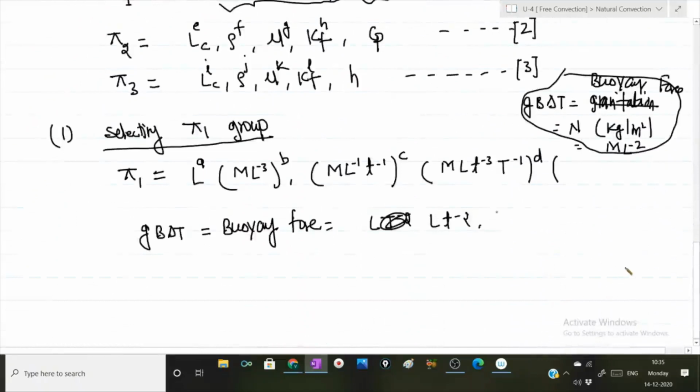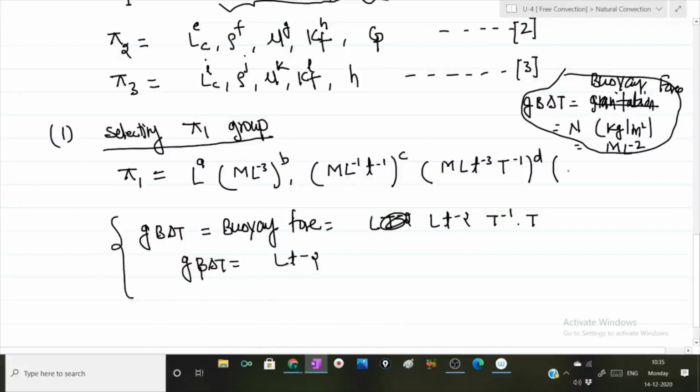So the primary dimension of the buoyancy force G beta delta T will be L T minus 2. So this I can put here: L T minus 2.